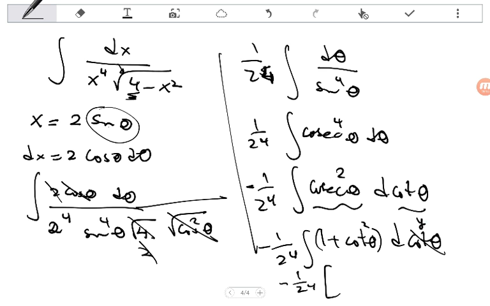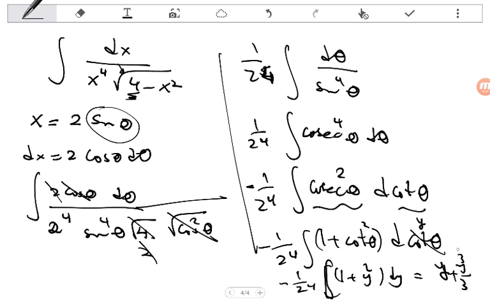If I take this as y, this will be the integration of 1 plus y squared dy, which will be y plus y cubed over 3.